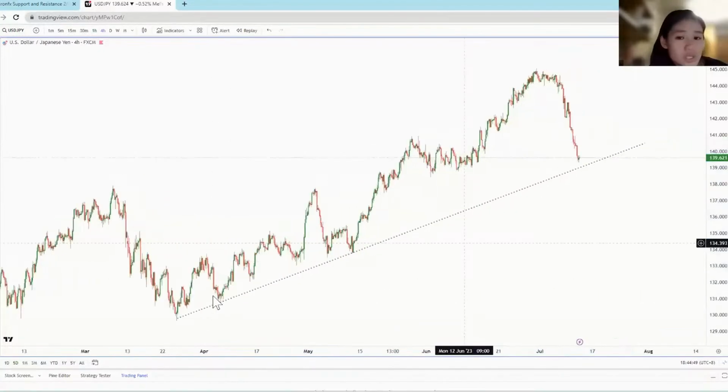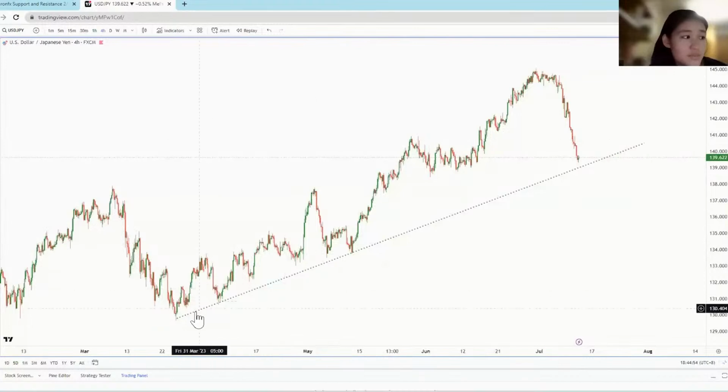Or trend channels. So in this case, I have an ascending trend line with 3 swing lows here.